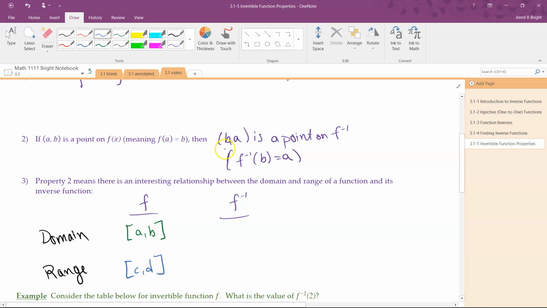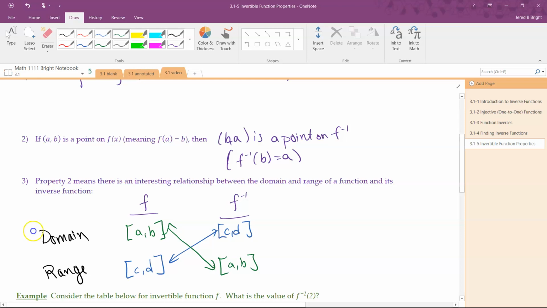Because of this changing of x's and y's, the domain of f inverse is the range of the original function, so those two are connected. And you might then guess that the range of f inverse is (a, b), which is also the domain of the original function. This is correct, and actually one of the most critical parts of inverse functions. So if you know the domain and range of one, you know the domain and range of the other, because they switch. Again, we interchange x and y, so boom, there it is.